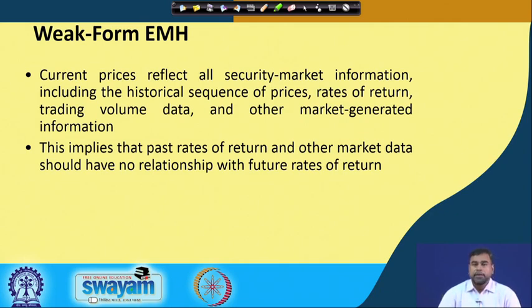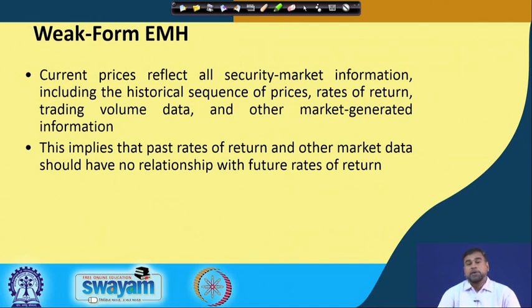What does it mean? If the current price reflects all available information, then by analyzing past data you cannot predict the future. The past rates of return and other market data should have no relationship with future rates of return. Why? Because the news is coming randomly.